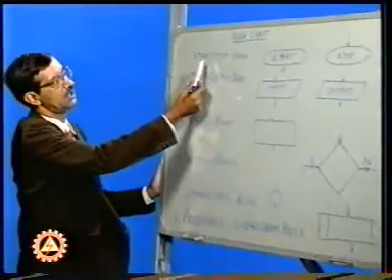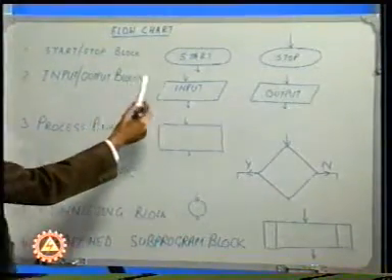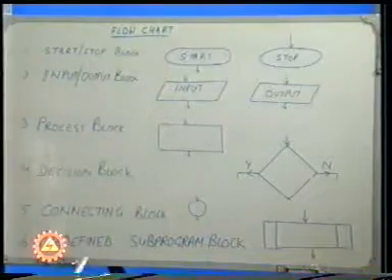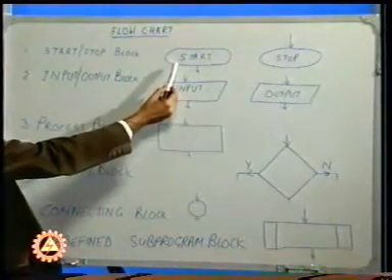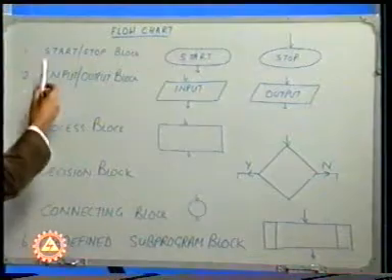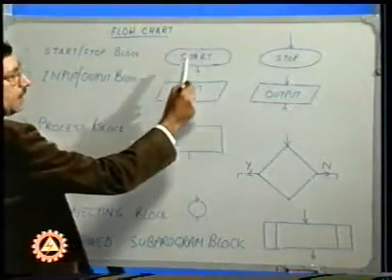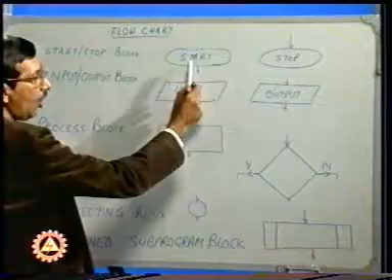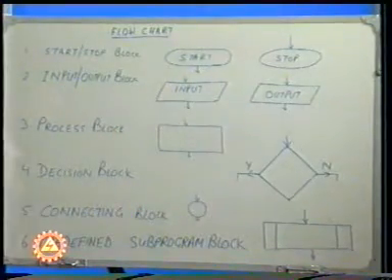The blocks that are used for drawing the flowchart are: number 1, the start/stop block, which has a shape which is elliptical in nature.